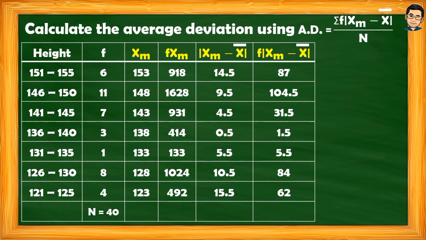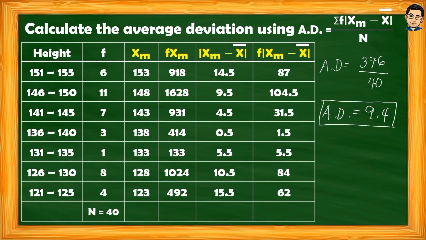Okay. So, yung nakuha nating summation kanina is 376. And then, yung n natin is 40. So, kapag yung 376, dinivide yan natin sa 40, ang quotient na makukuha natin is 9.4. So, yun yung pinaka-average na layo ng mga height ng 40 students.